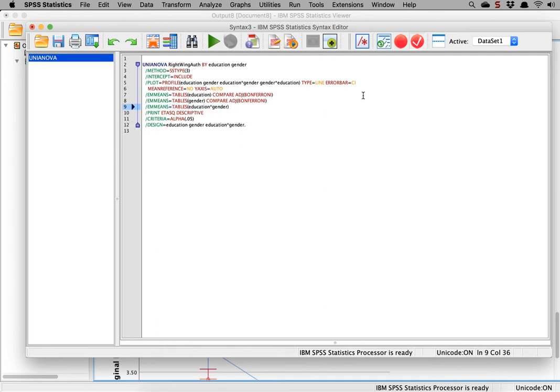Let's say I copy that line and do it again. I could add another subcommand, compare, and add education here, making sure I don't have a typo. Then I select it and run it again.